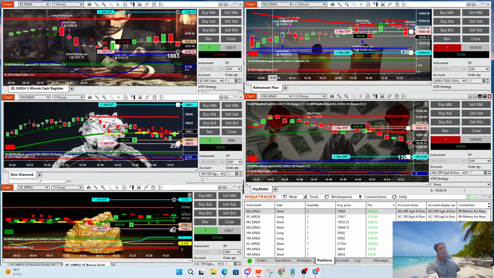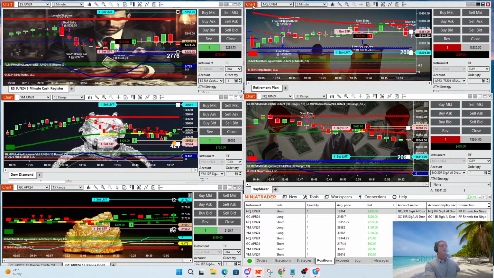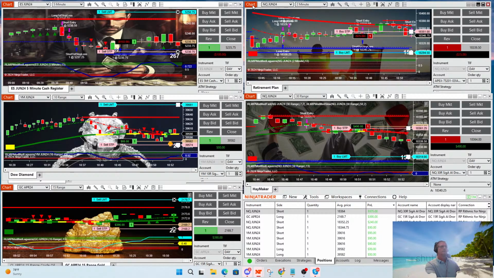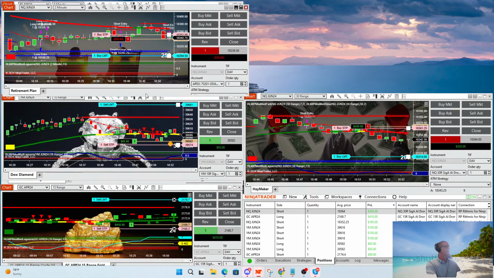Well, we got our retirement plan and we got our haymaker, our 30 range, both in this short roll on the NASDAQ. See them side by side.